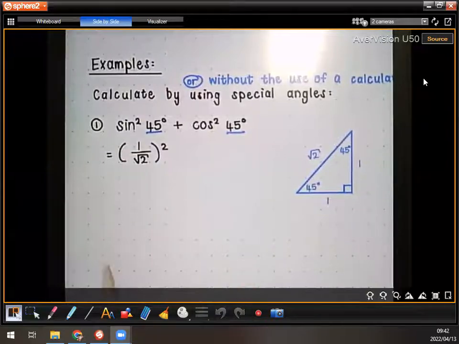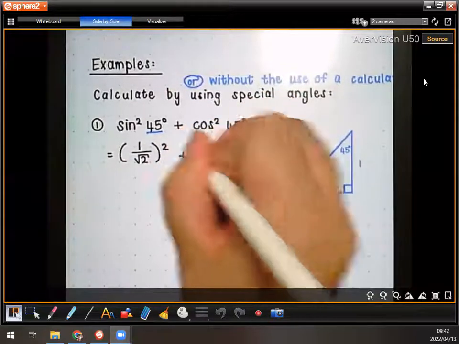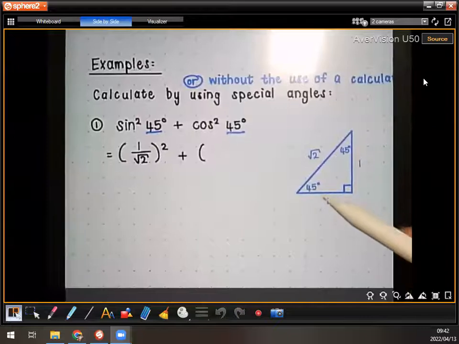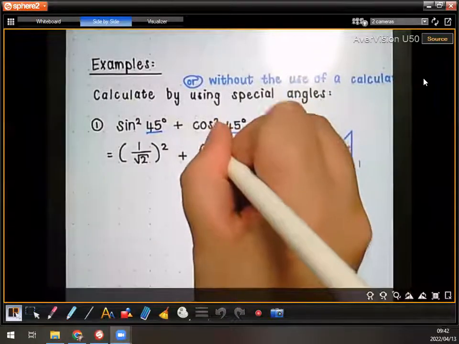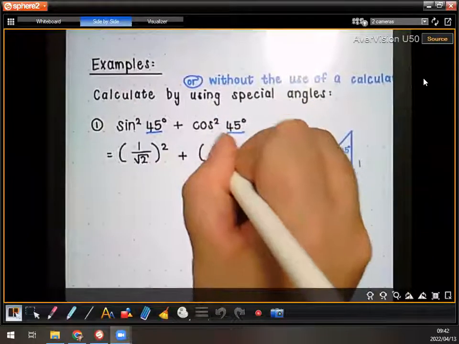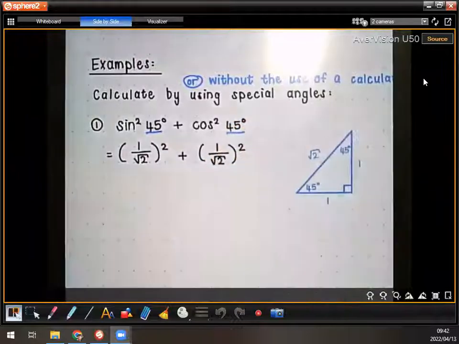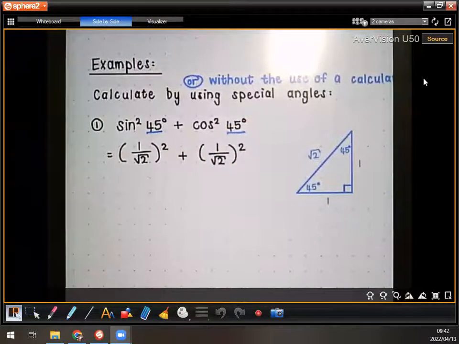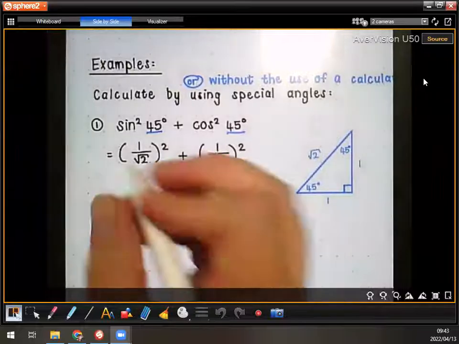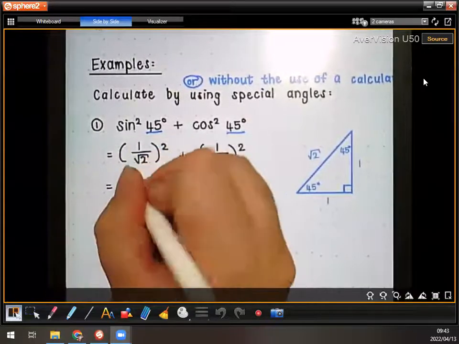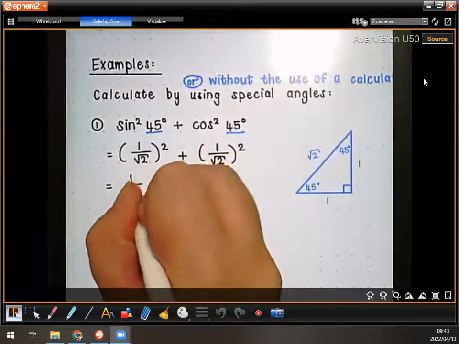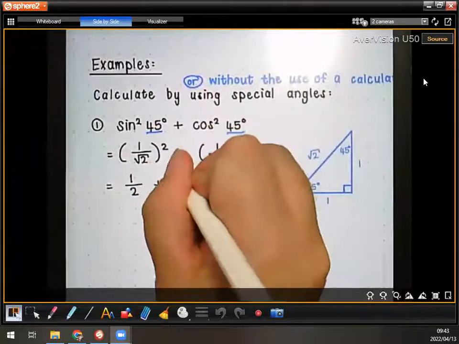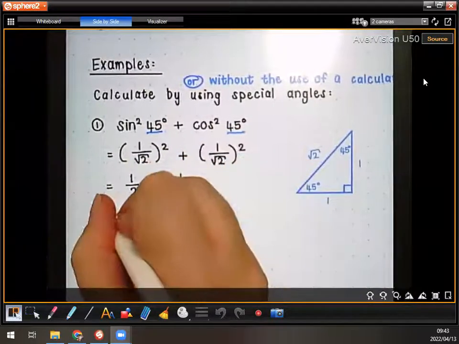Plus, cos 45 is the same, actually. Adjacent over hypotenuse, 1 over root 2. And then we're squaring that as well because it's cos squared. And now it's no calculator, so we have to actually show how we're solving this. It's not that bad. 1 squared is 1, root 2 squared is 2. Plus the same thing. What's a half plus a half, guys?